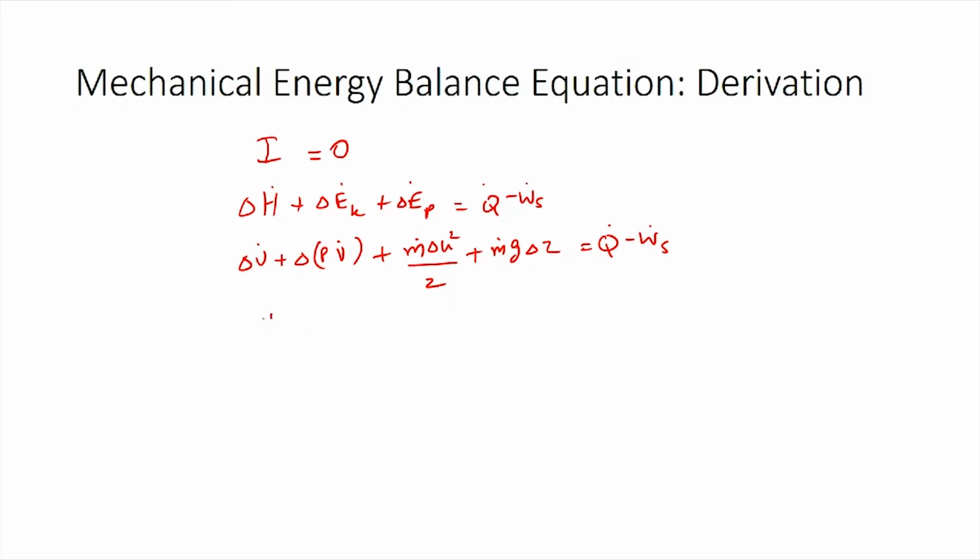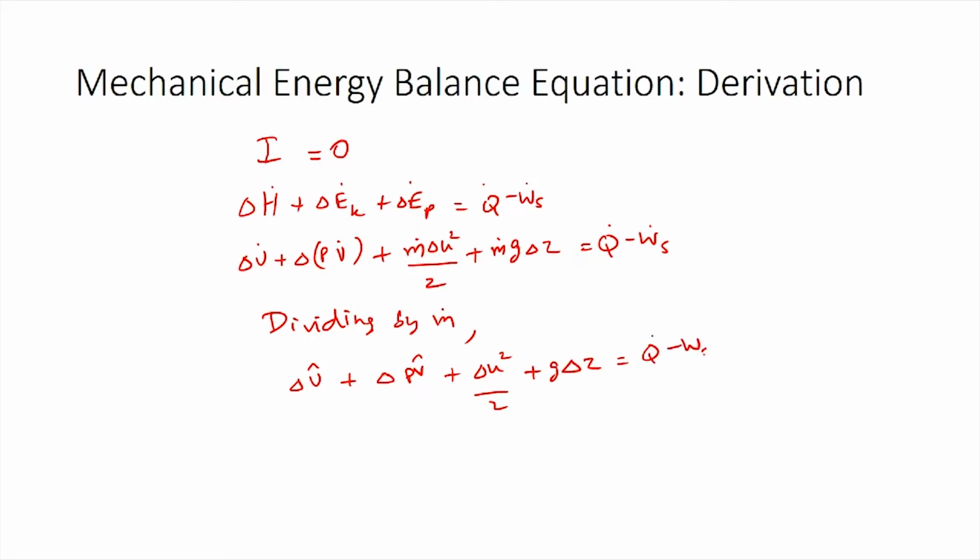This entire equation can be divided by m dot. So, when we do this, what you end up with is delta U cap plus delta PV cap plus delta u squared by 2 plus g delta z equals Q dot minus Ws dot divided by m dot.